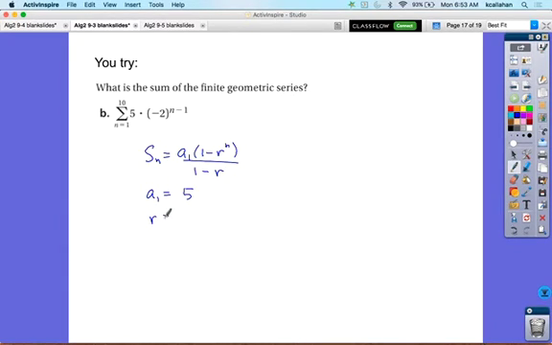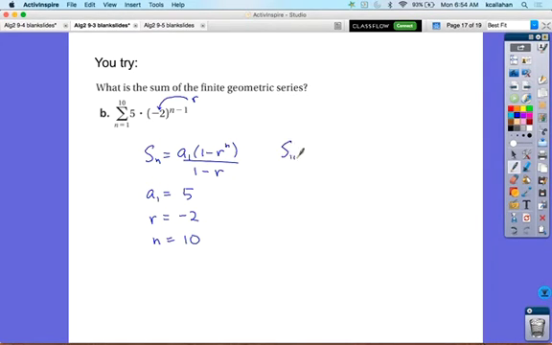R is whatever is being raised to the power, right? That's why every time you increase n by 1, you get another multiplication by -2. That's what the common ratio does. And it looks like the number of terms is given to us because it starts at 1, it ends at 10. That would be 10.